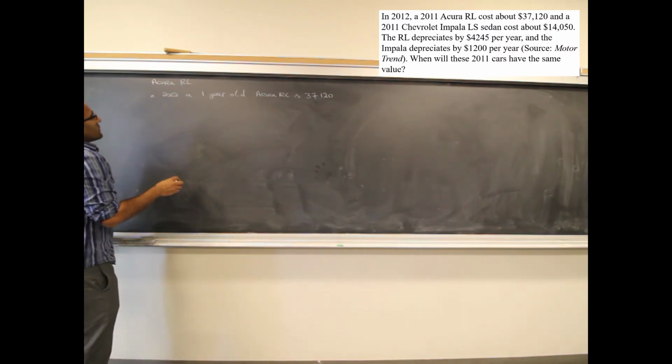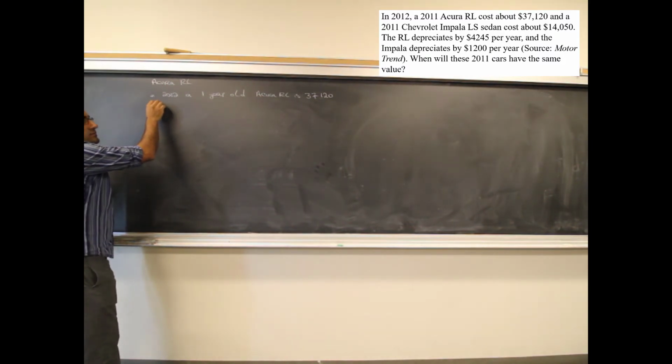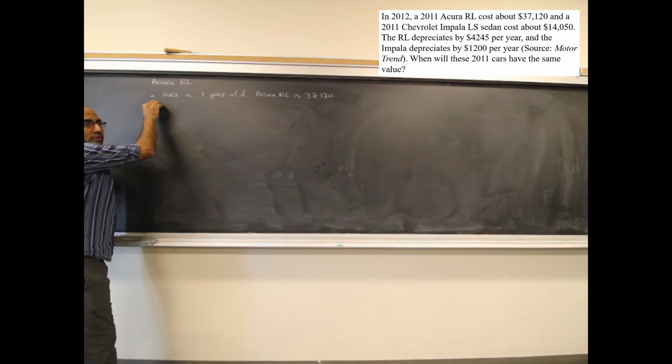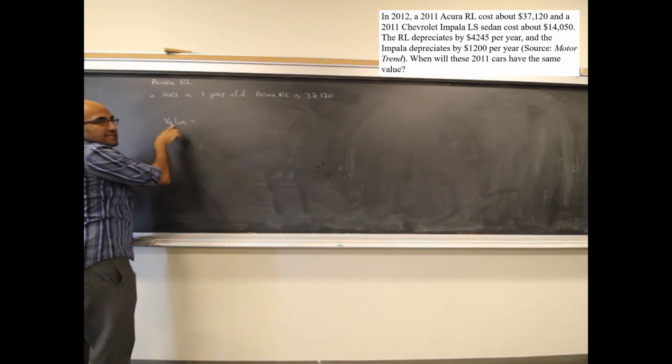What else do we know? We know it depreciates by $4,245 per year. So I know that ultimately I want an equation that gives me the value as the answer.